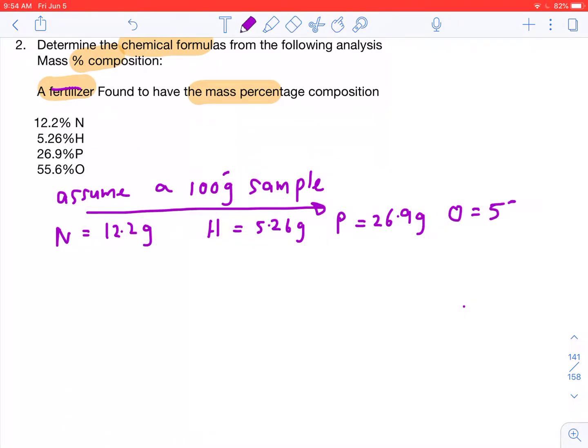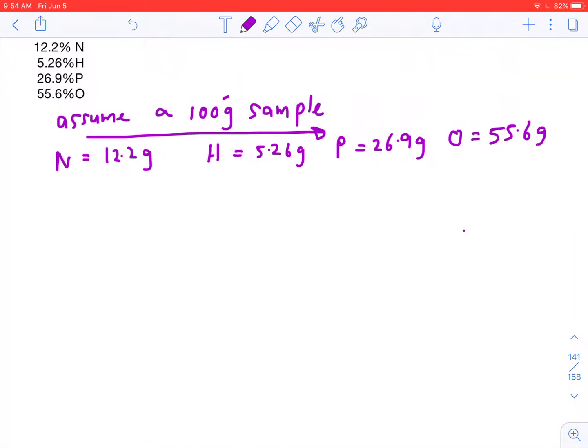It's 55.6 grams, right? So we've converted that to grams, but we now need to determine the moles. Same exercise we're going through again.